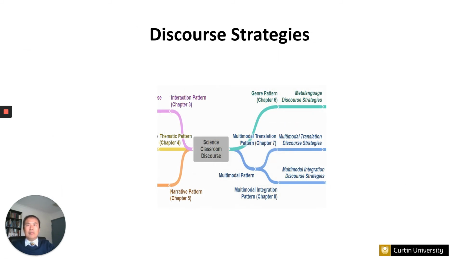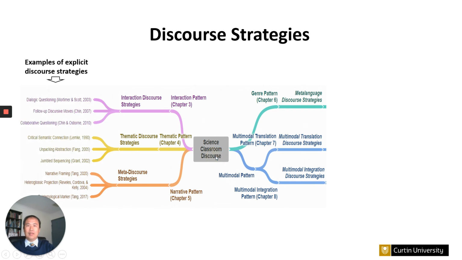I have provided a brief mention of the six discourse patterns, and in summary, they are interaction, thematic, narrative, genre, multimodal translation, and multimodal integration patterns. Earlier, I also mentioned that for every discourse pattern, we can think about some discourse strategies that can enhance it.